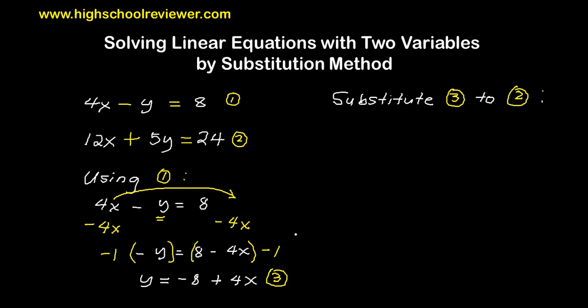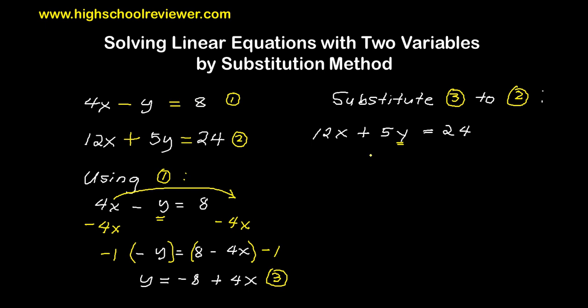Using the substitution method, we will now substitute equation 3 into equation 2. Our equation 2 here is 12x plus 5y equals 24. And our equation 3 is y equals negative 8 plus 4x.